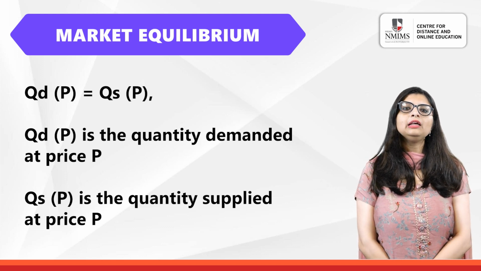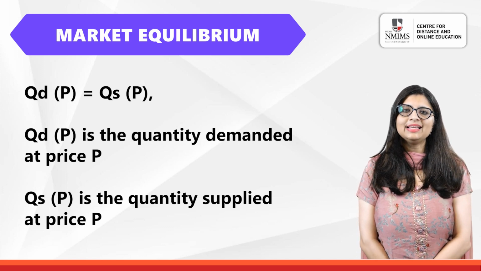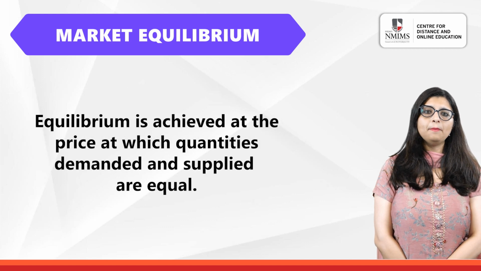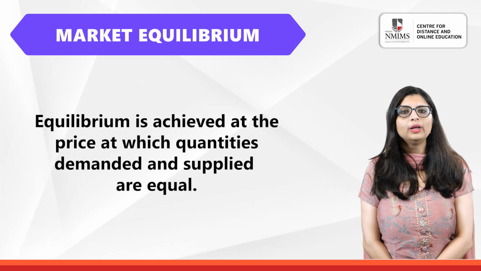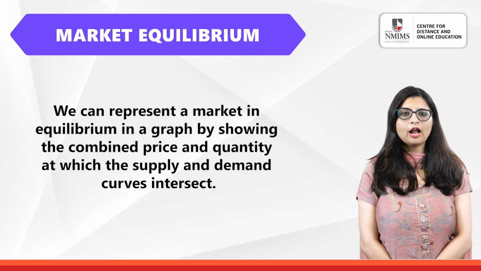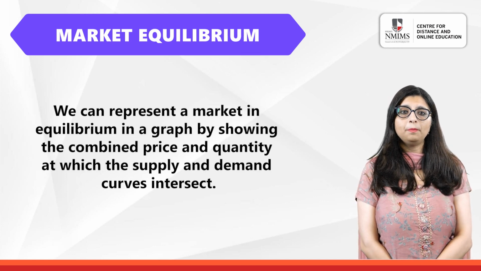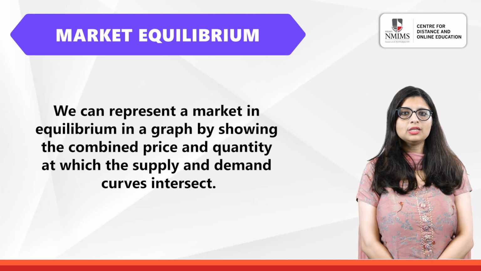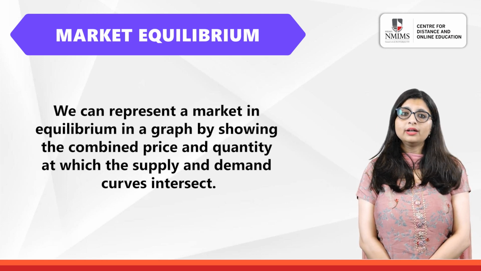So basically, equilibrium is achieved at the price at which quantities demanded and supplied are equal. We can represent a market in equilibrium in a graph by showing the combined price and quantity at which the supply and demand curves intersect.